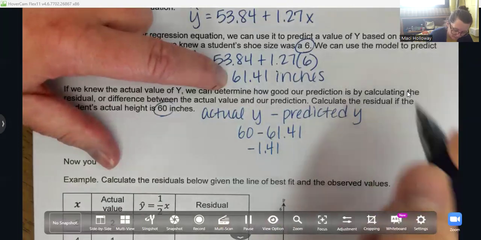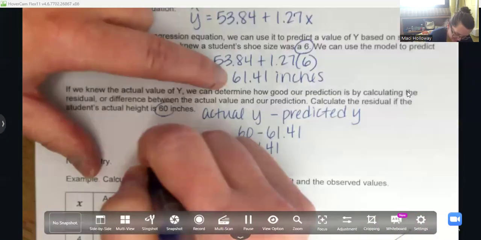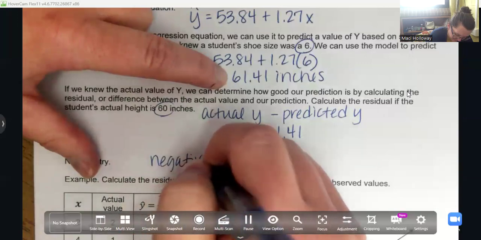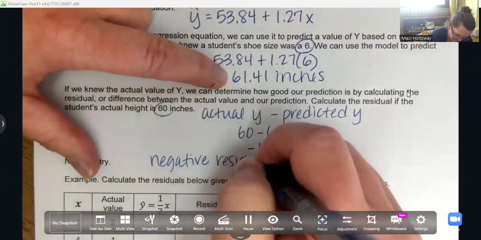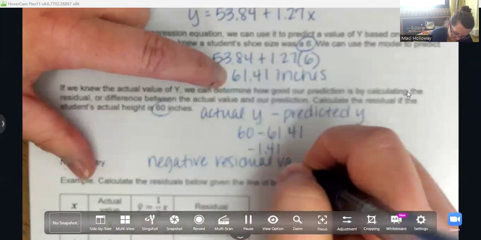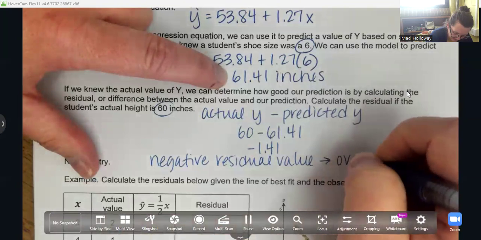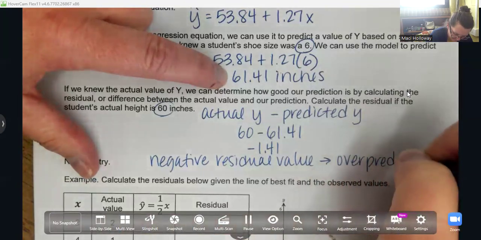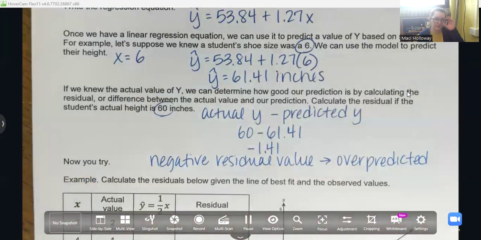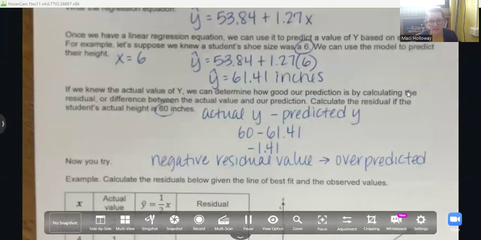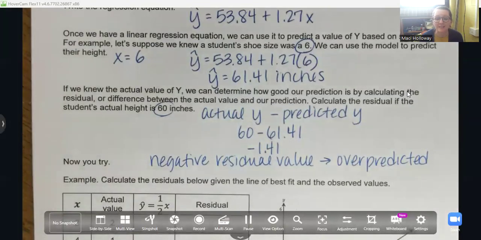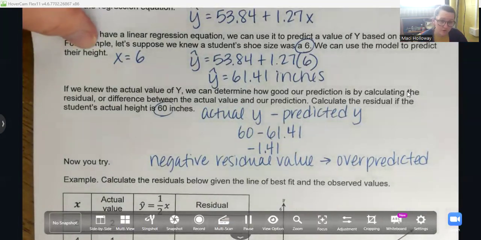So we're off by 1.41 inches, which means if we get a negative residual value, it means that we have over-predicted. Now, when you're a statistician and you're looking at linear regression lines, we want to make sure that we don't consistently overpredict or underpredict. That if we put all of our residual values together, they're pretty much 0. That's the goal.